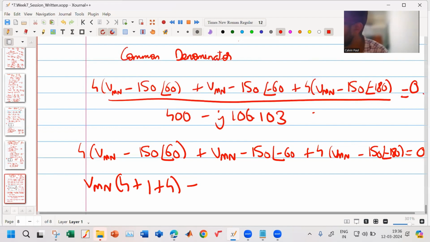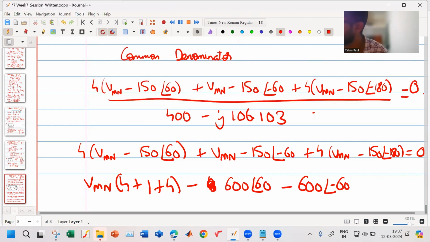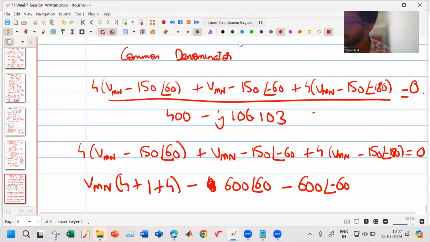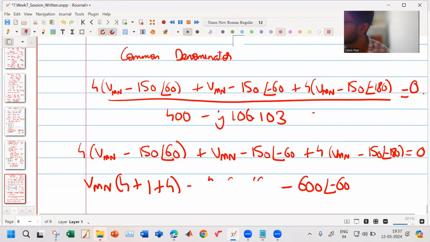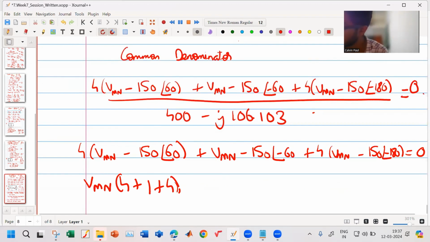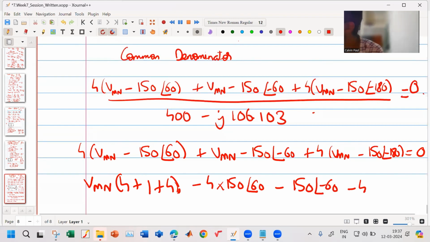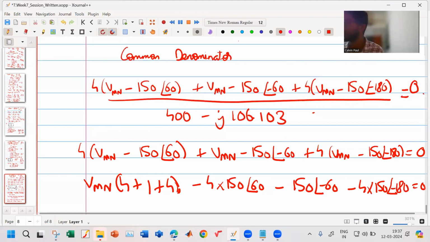Then minus 4 into 150 angle 60 minus 150 angle minus 60 minus 4 into 150 angle minus 180, that is equal to 0.